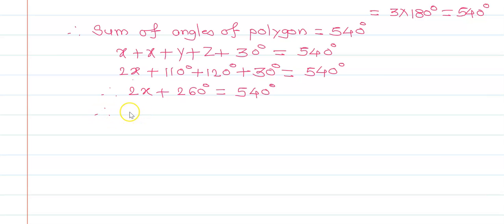And therefore here 2x is equals to 540 minus 260. Now the subtraction, 540 minus 260, that is equals to 280.